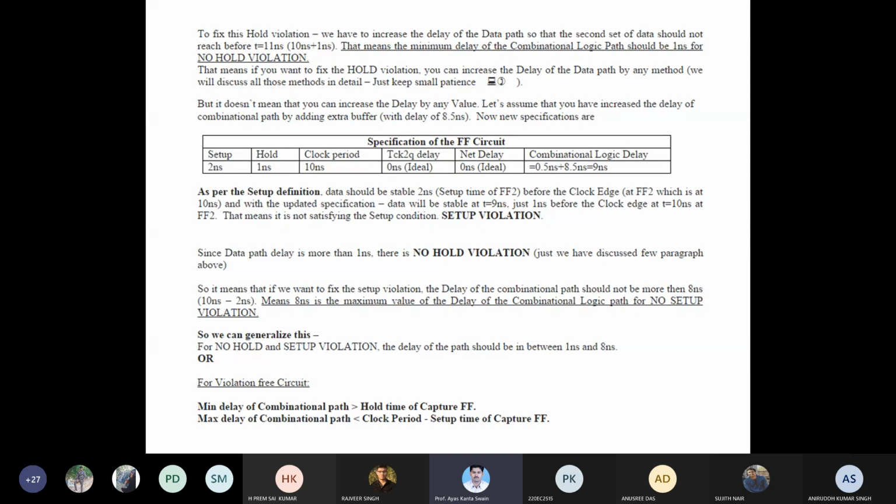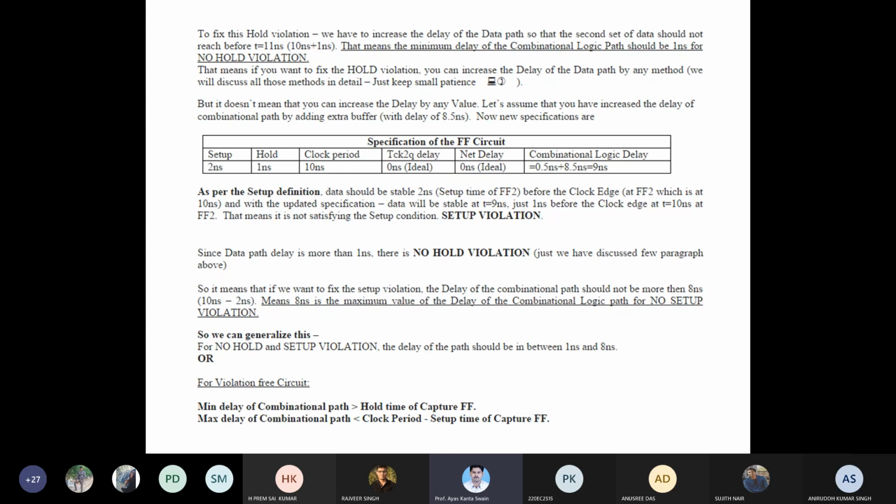Okay, so for a violation-free circuit, in other words, we can say the minimum delay of the combinational path must be greater than the hold time of the capture flip-flop. So it may be equal or it may be greater than 1 nanosecond. Okay, provided the maximum delay of this combinational path must be less than clock period minus setup time, so that you will have no hold and setup violation in the design.